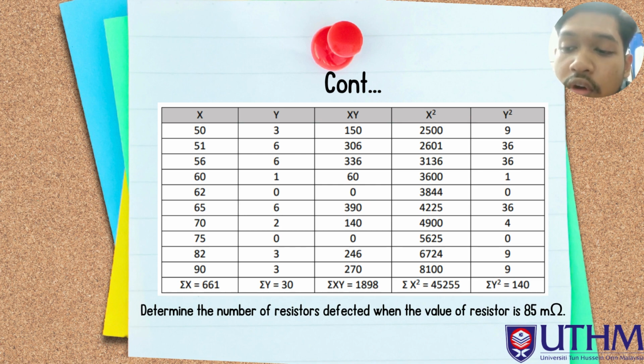For the sum of X times Y we got 1898, for the sum of X squared we got 45,255, and for the sum of Y squared we got 140.